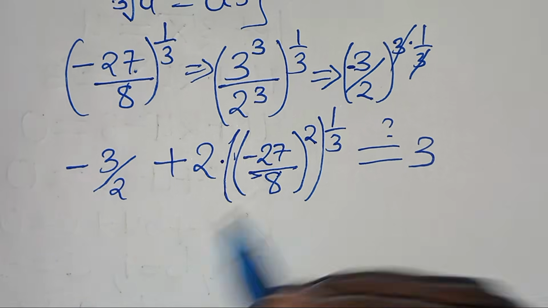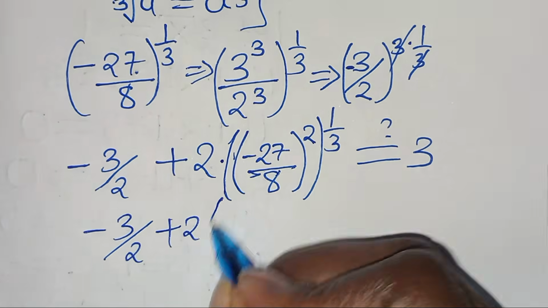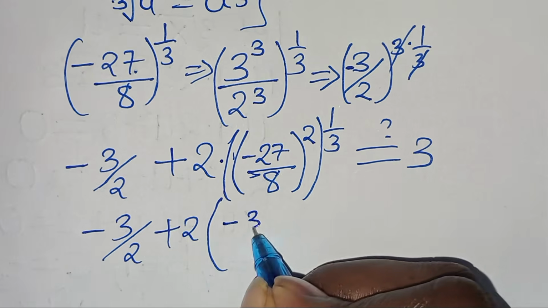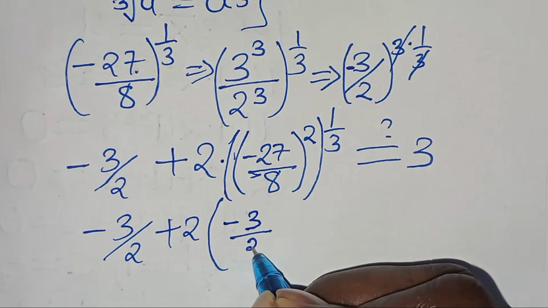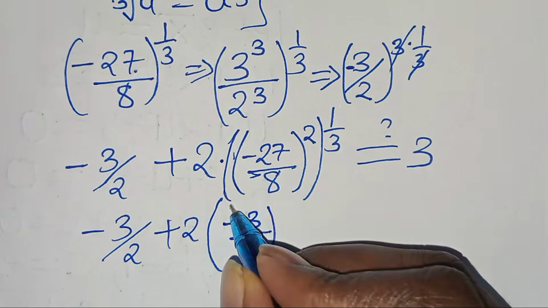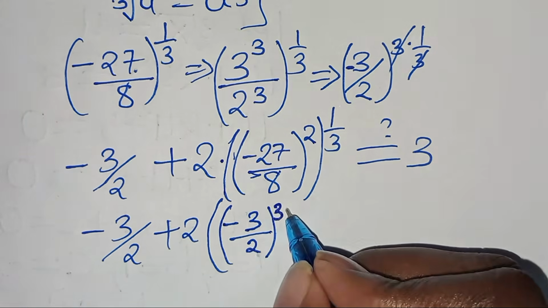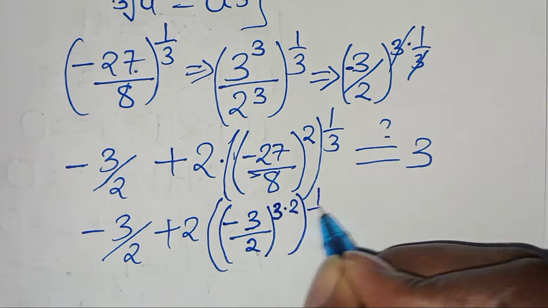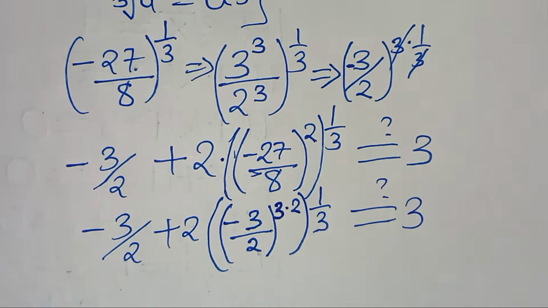So we can express this as minus 3 over 2 plus 2 into the parentheses. This is minus 3 over 2, and we can simplify this as 2 raised to the power of 3 times 2, then again raised to the power of 1 over 3. This is supposed to give us a value of 3.